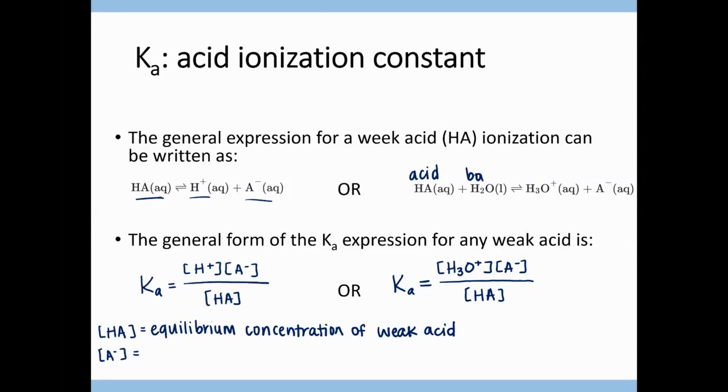And so if this is the acid, looking at the expression on the right where we have acid and base, then on the right side, H3O plus is the conjugate acid, and A minus is the conjugate base. So A minus is the conjugate base of the weak acid. So A minus in brackets, that's the equilibrium concentration of the conjugate base.